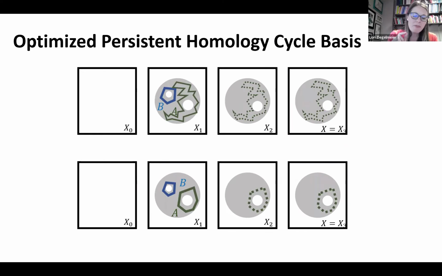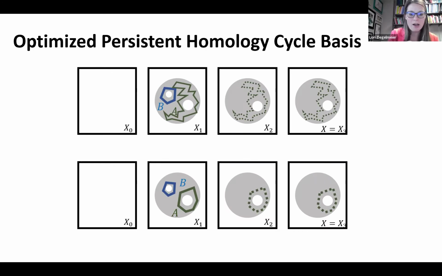One final thing before I get into results is that both of these methods optimize a single cycle representative at a time. Now, if you wanted an optimized persistent homology cycle basis, unfortunately, this doesn't quite give you that. There's a couple of choices. One, the simplex-wise filtration for the triangle loss method, and two, for the edge loss method, we had to start with a persistent homology cycle basis to optimize.